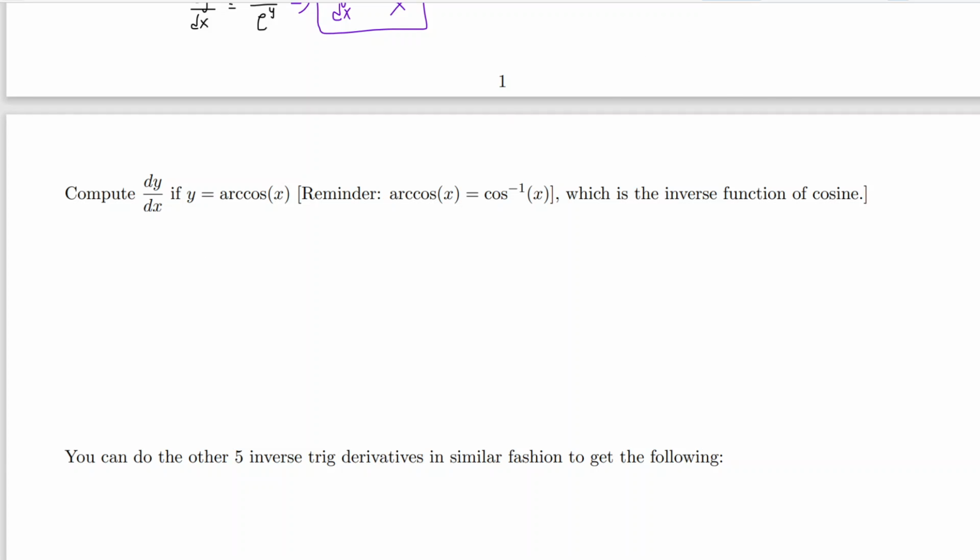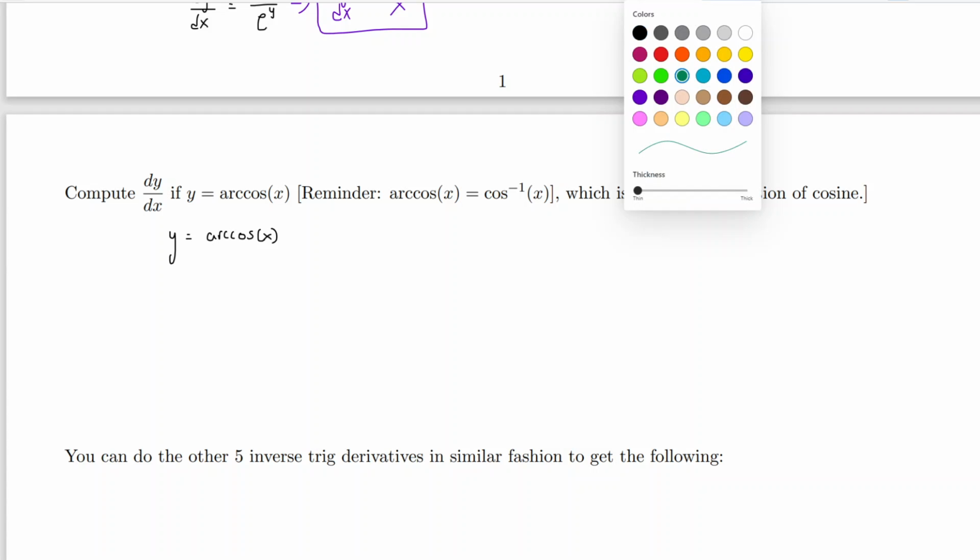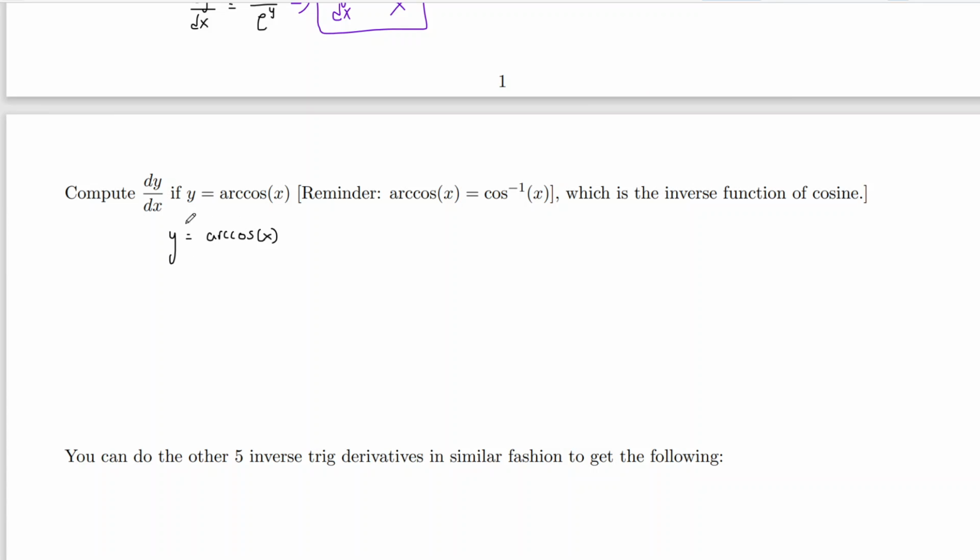All right. So the idea is going to be pretty much exactly the same. I'm going to rewrite the equation. And I'm going to have to convert this one first, because I don't know the formula for the derivative of arc cosine of x, which means if I just do the derivative of each side right now, then I can't simplify this side.